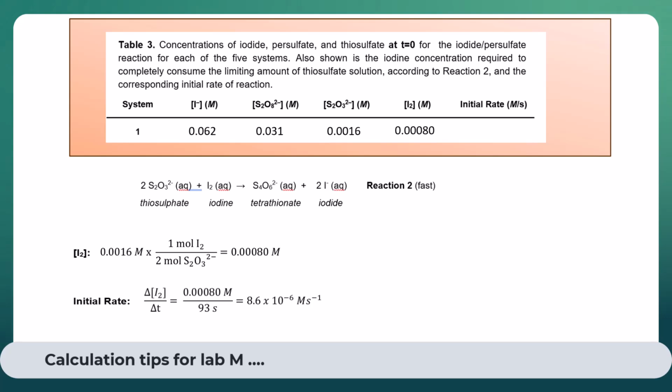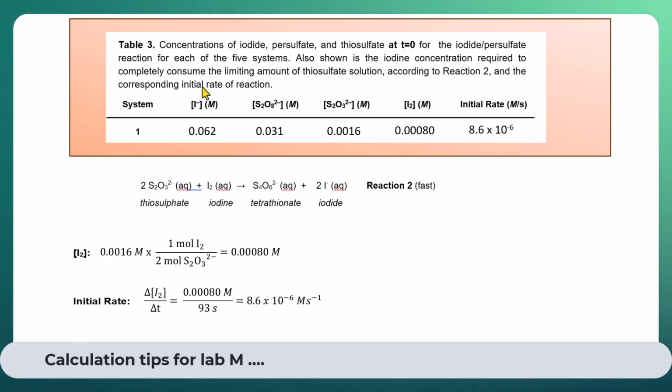So the initial rate can be calculated as the change in concentration of iodine, 0 to this 0.00080 molar, and the delta T, 93 seconds. So this comes to, to 2 sig figs, 8.6 times 10 to the negative 6 molar seconds to the -1. That's our initial rate for these particular conditions.